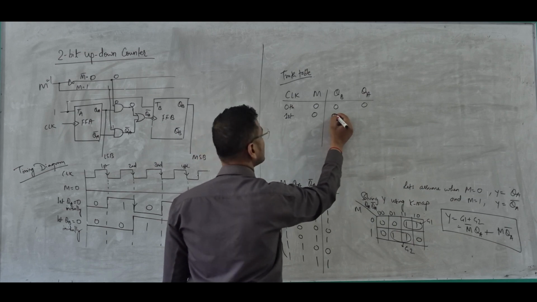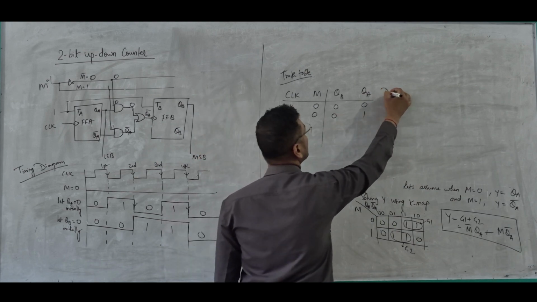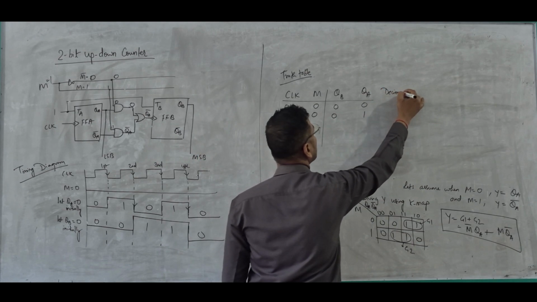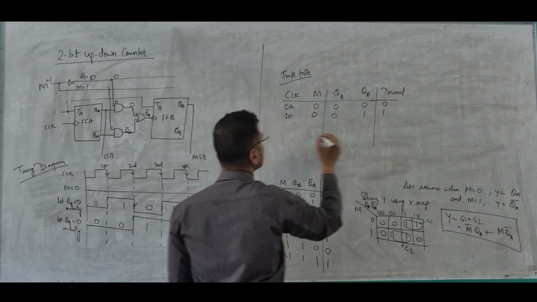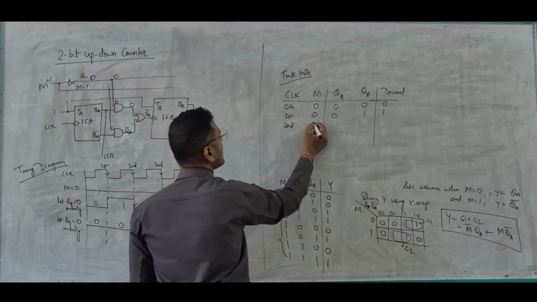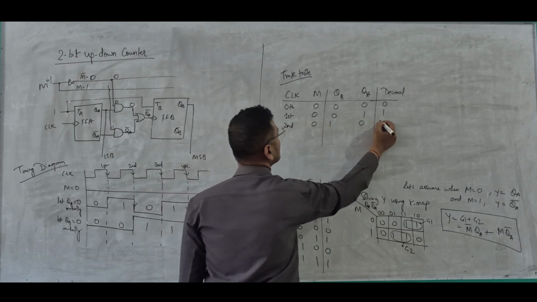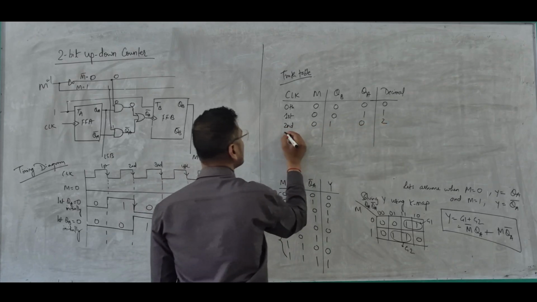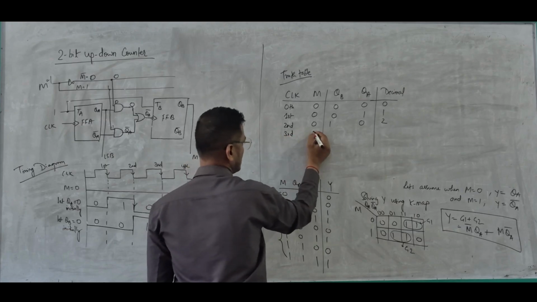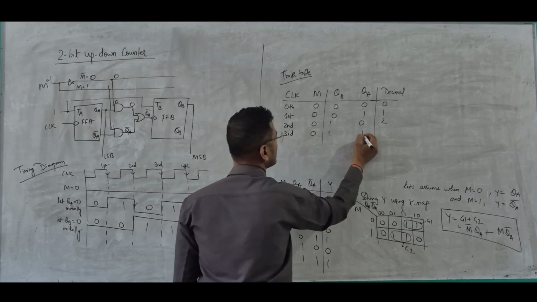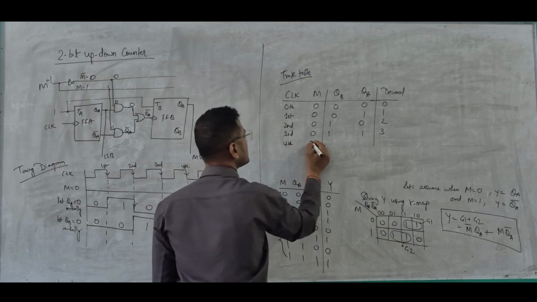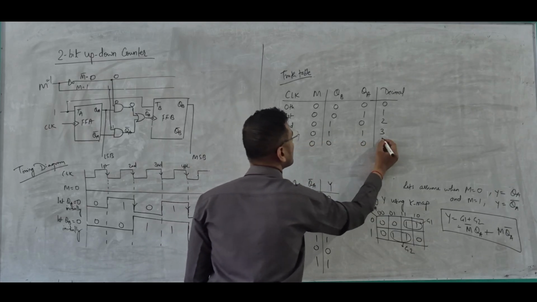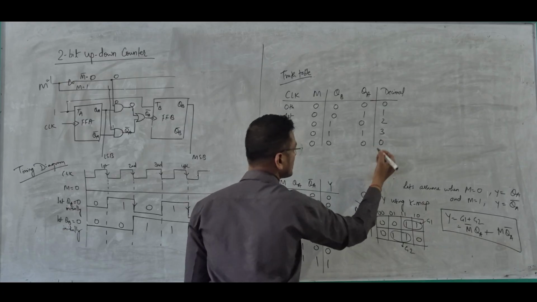What do you get? 01, and its decimal equivalent is 1. Then second clock, M is 0, 10, and N is 2. Third clock, M is 0, 11, N is 3. And fourth, 00 again, and that becomes 0 again.